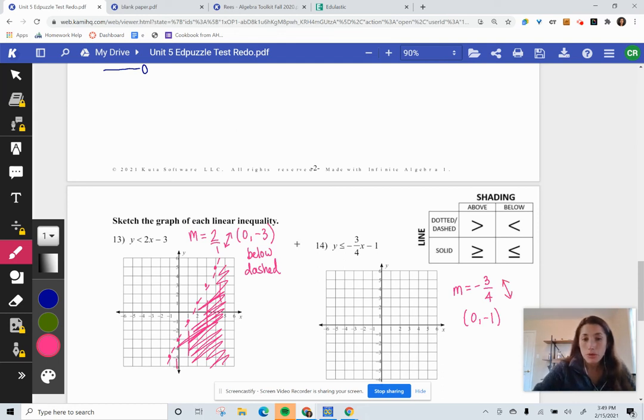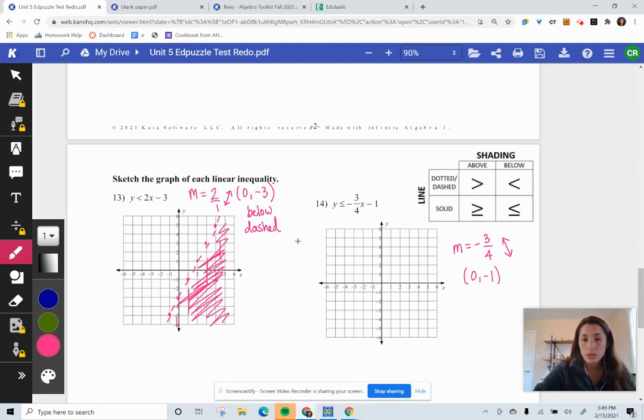All right, tell me what type of line and shading this graph will have based on this inequality here? Okay, so yes, it will be a solid line with shading below the line.